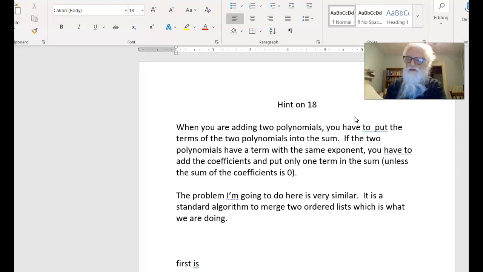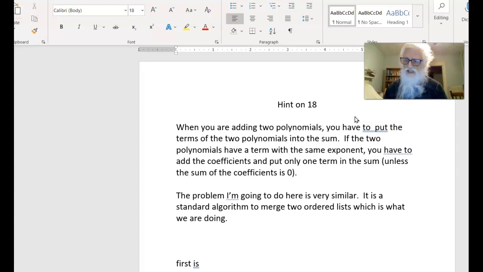If you will remember, with polynomials, what we have is an array of terms. Each term has a coefficient and an exponent. And the array is ordered by exponent.